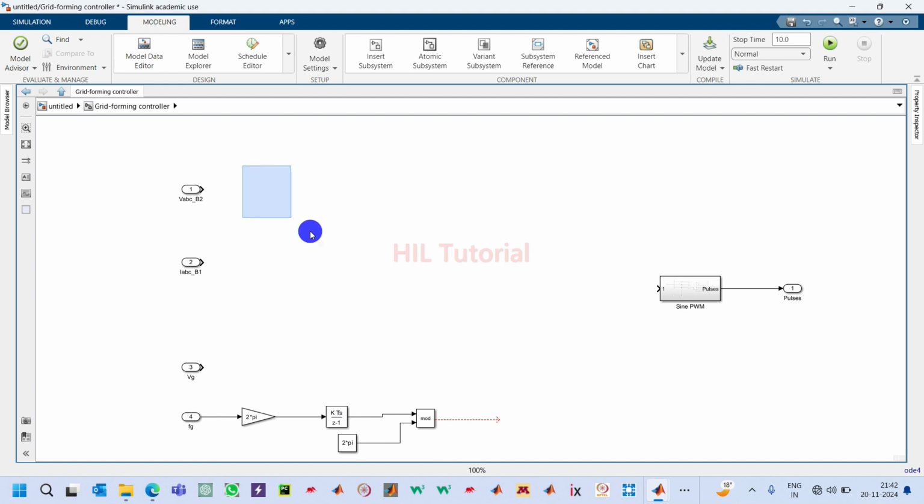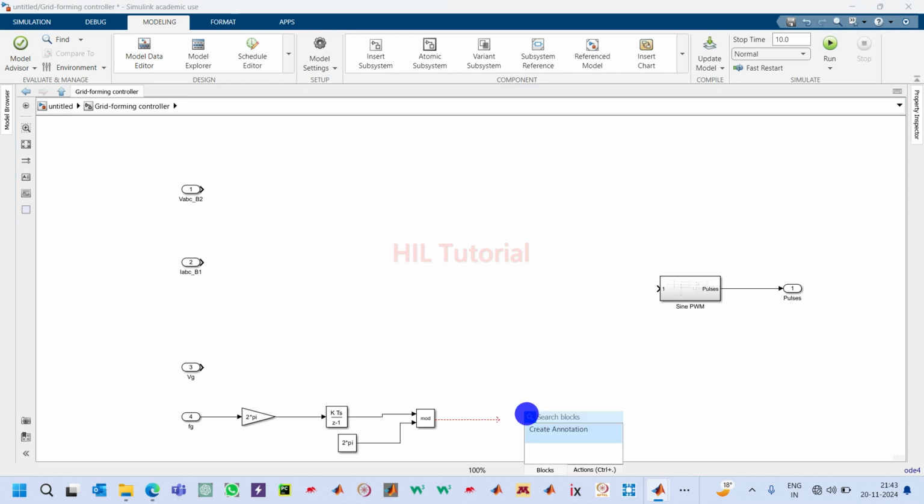Later, when we create the controller here, that controller will require this synchronization coefficient, and the entire controller will be synchronized according to it. All the conversion will take place based on this signal.